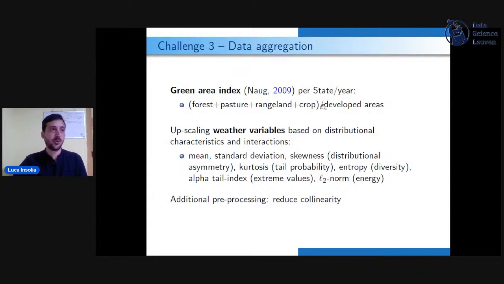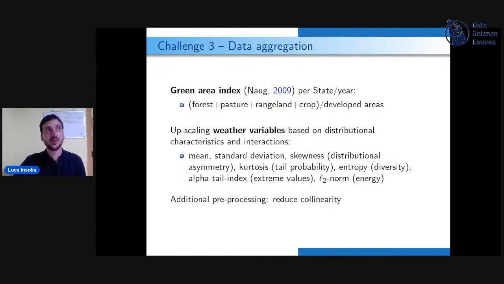It's just a proportion of the part of land that can be exploited by honeybees over the urban kind of areas. Instead, for the weather-related features, we developed a more refined upscaling methodology.